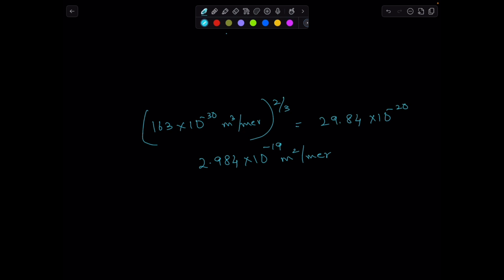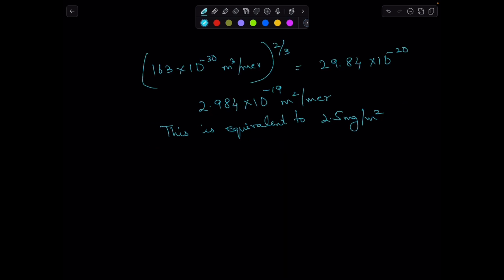So now we have how much surface area is actually covered by the polymers, which is 2.984 times 10 to the negative 19 meter squared.